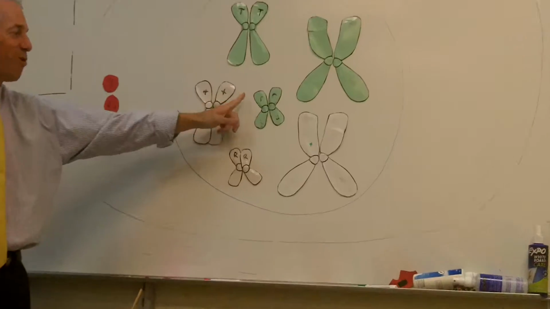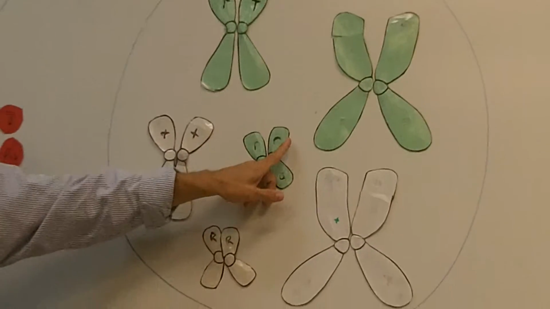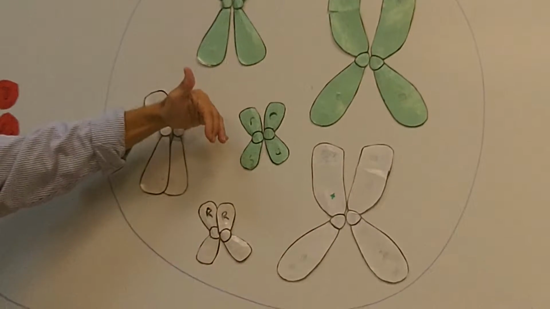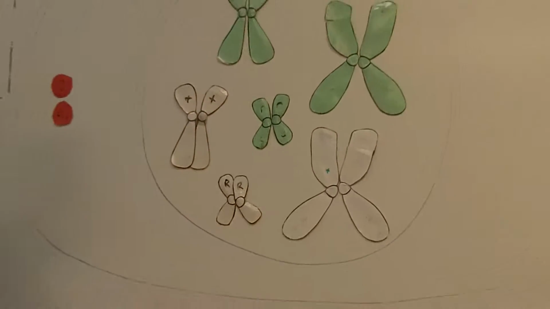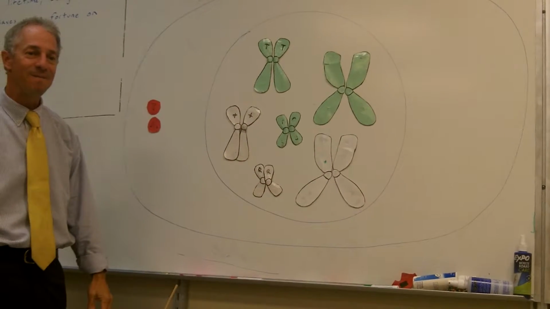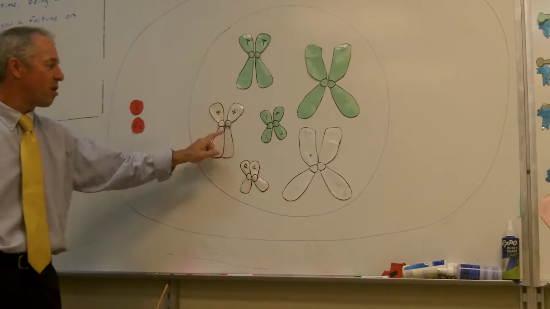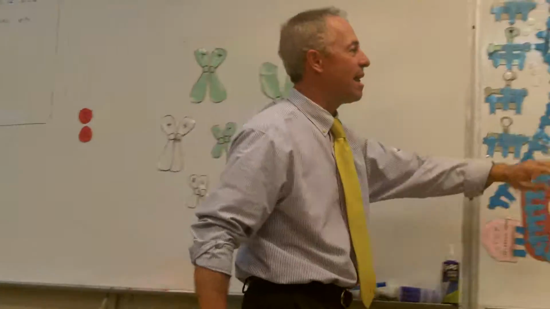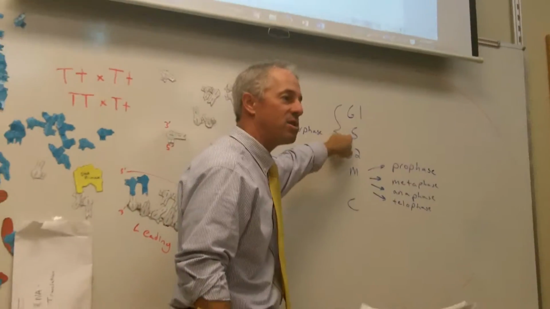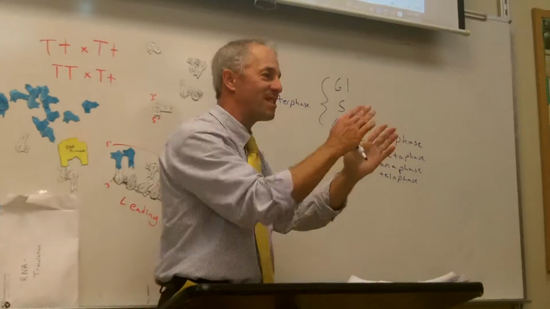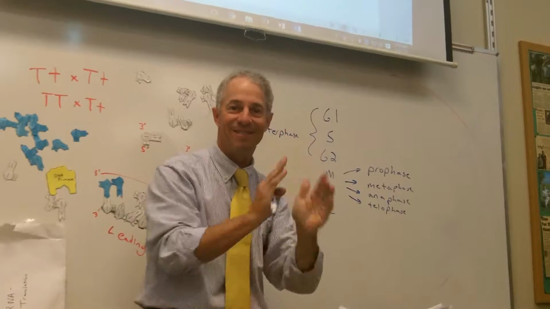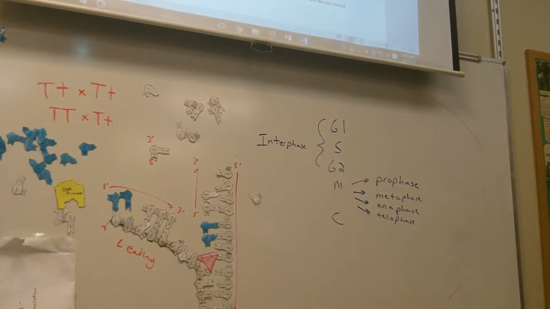Yeah, each one has a sister. This is prophase. Each chromosome has a sister chromatid. That's the evidence that the DNA was copied in S phase. Every chromosome has a copy of it. Okay?